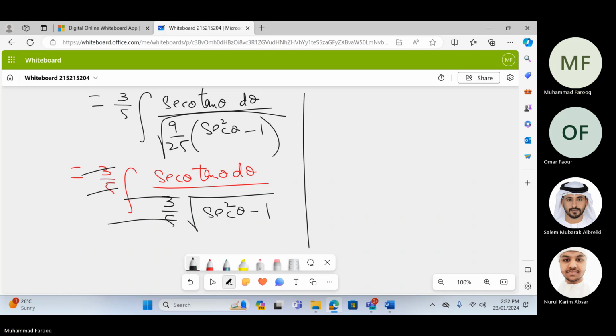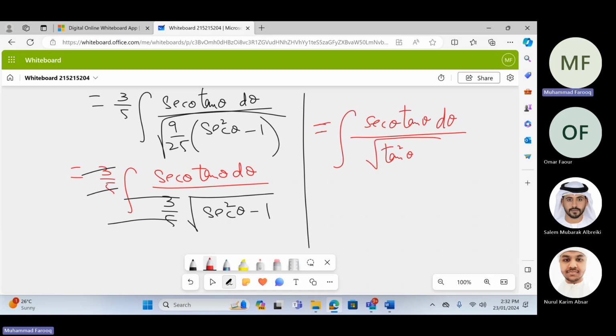So now we integrate secant theta tangent theta d theta, divided by the square root of secant squared theta minus 1, which is tangent squared theta in the square root. And the square root of tan squared theta is basically the absolute value of tangent.